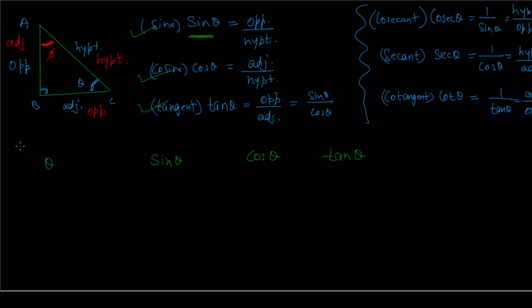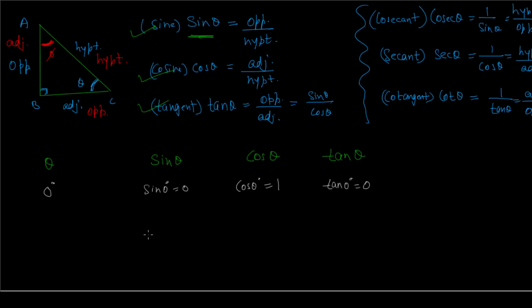So let's start. If the value of theta is 0, then sine theta will be sine 0, and sine 0 will be equal to 0. Sine 0 degrees will be 0. Cos 0 will be 1, and tan 0 will also be 0.